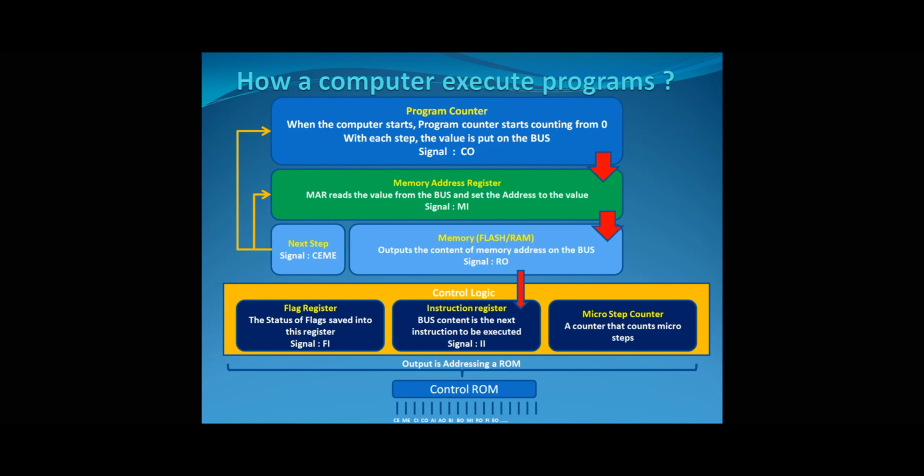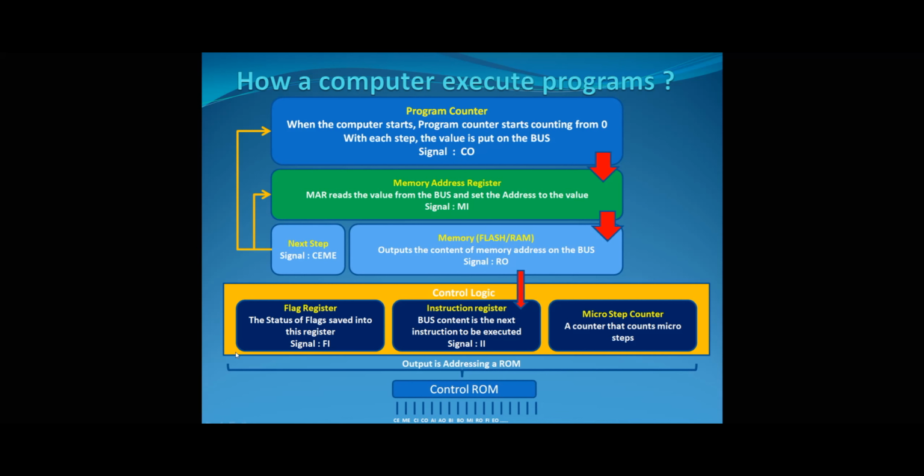If we don't save the status of the flag somewhere, then with the execution of the next step we may get a result that overrides that zero flag or negative flag, and we're going to lose the status of the flag. Therefore, each time we do an operation and there are flag outputs, we want to save the status of those flags, because they could be used for conditional jumping or for other decisions that we could make later in the program.